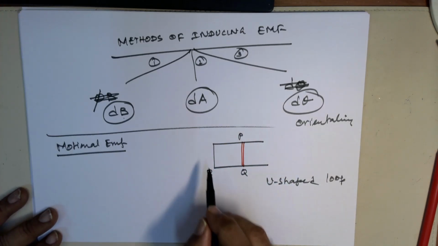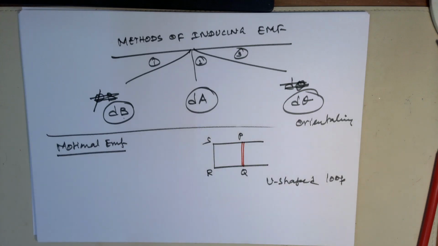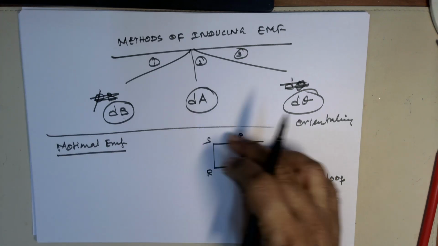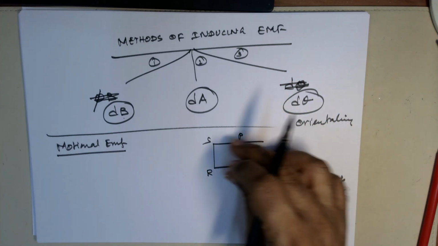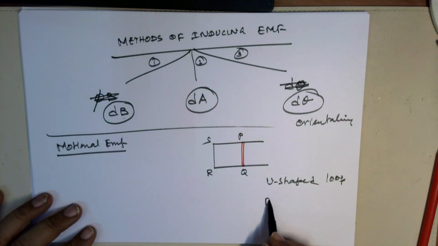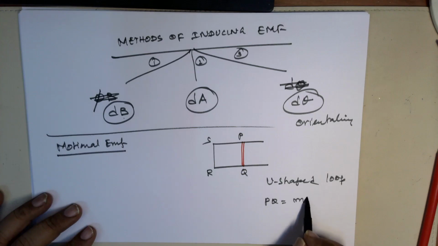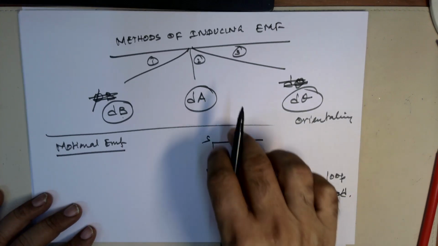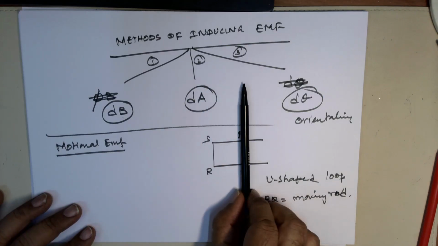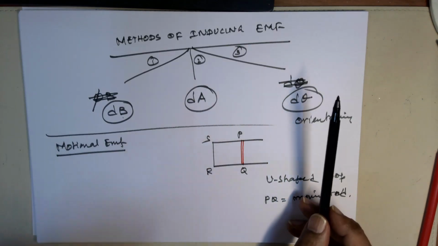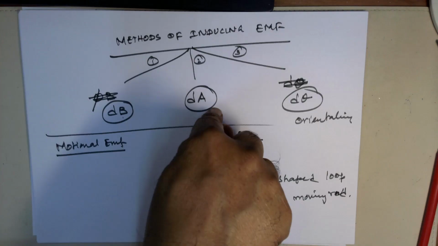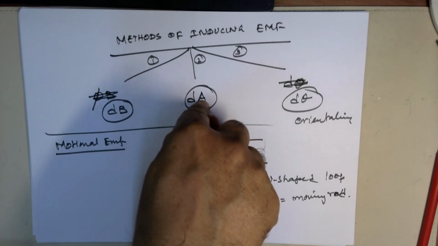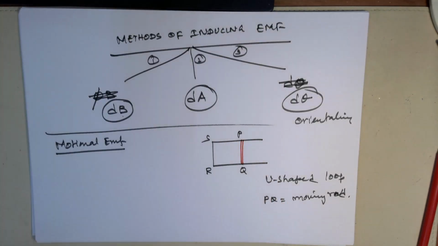RS is the other end. Now this is the loop, and the area of this loop can be changed by the moving rod. So PQ is a moving rod. By keeping the rod at this position, this position, this position, the area can be altered. So that is the idea of introducing the area. By changing the area, you are able to induce the EMF.